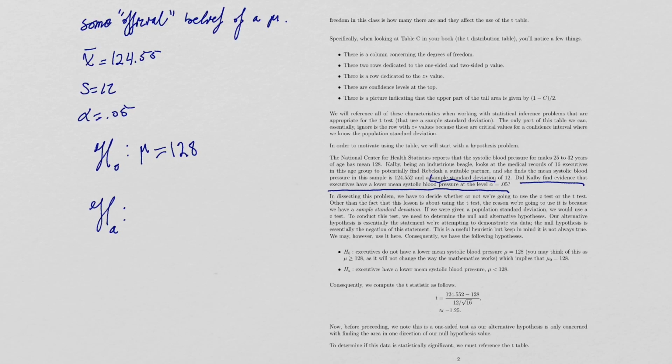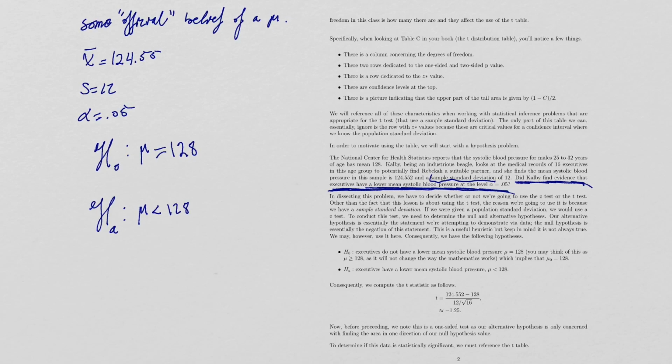And now, if you look at this, it's this guiding question of what we want to know right here: did Calvi find evidence that executives have a lower mean systolic blood pressure at the level alpha equals 0.05? So lower. So this is our alternative hypothesis, what we think, right? That the mean might actually be lower than 128.